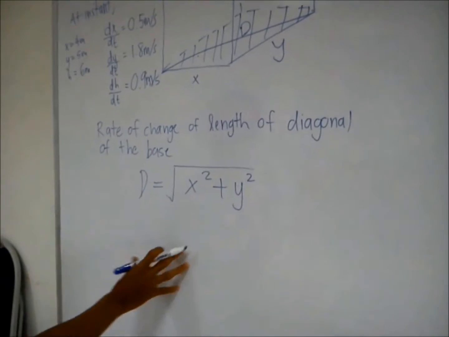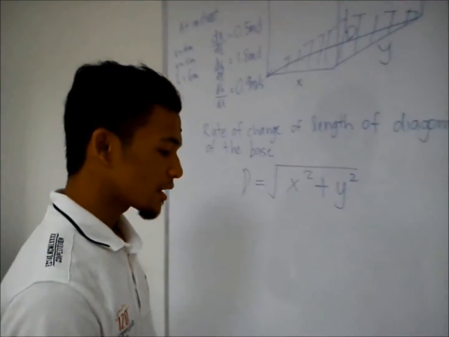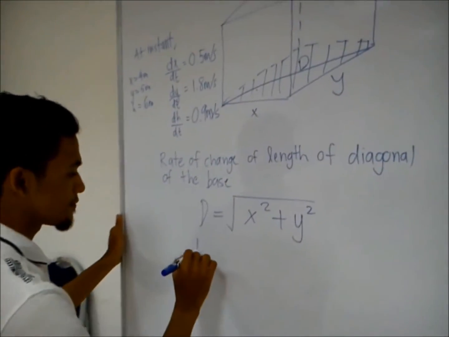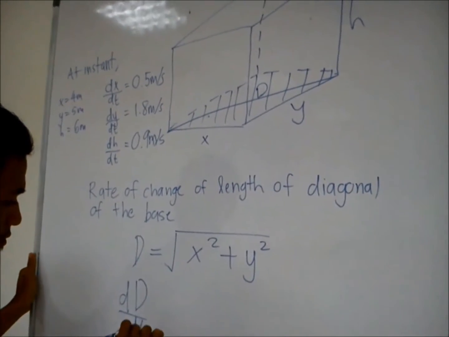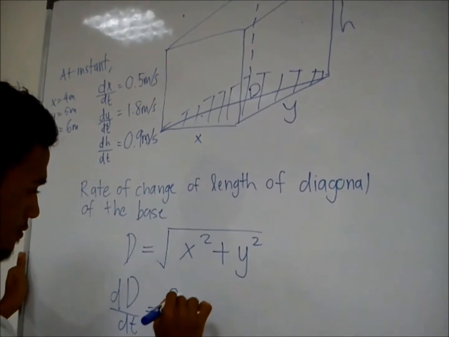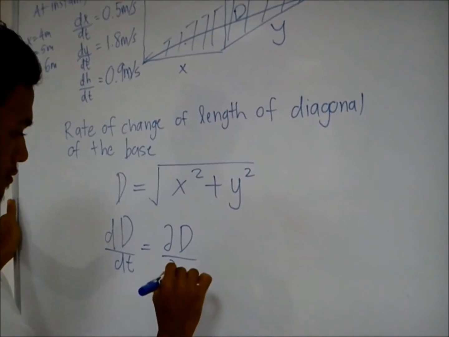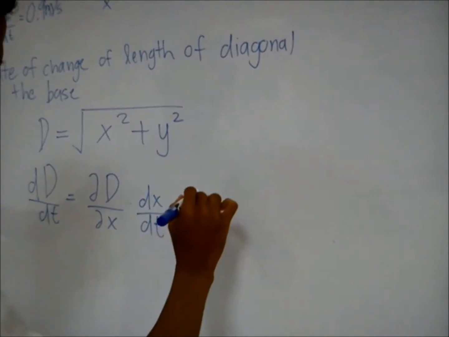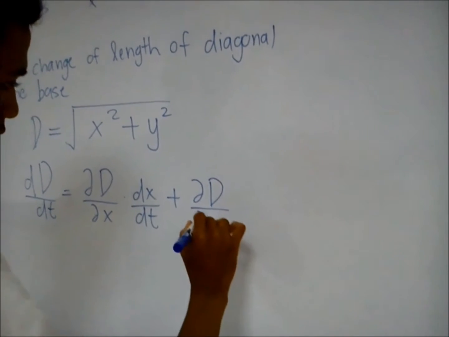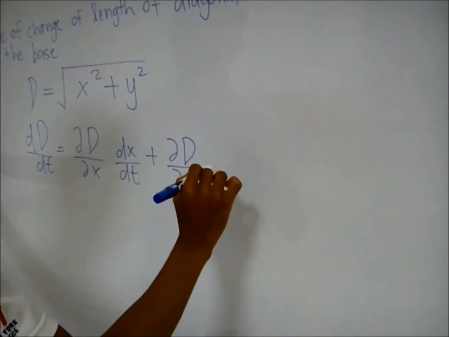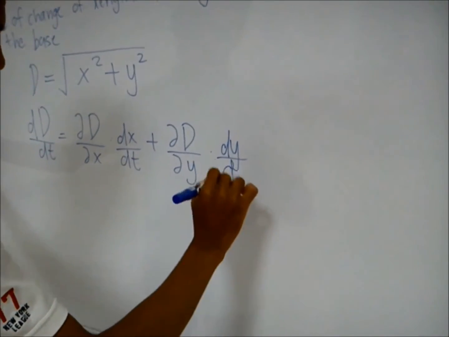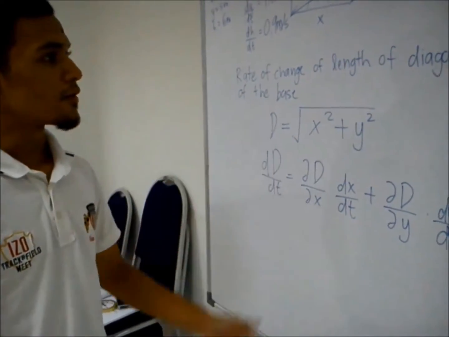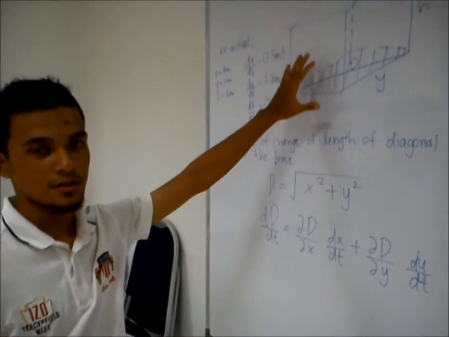From this we need to write an equation of the rate of change, which is the equation of the rate of change of length of diagonal of the base of the box.